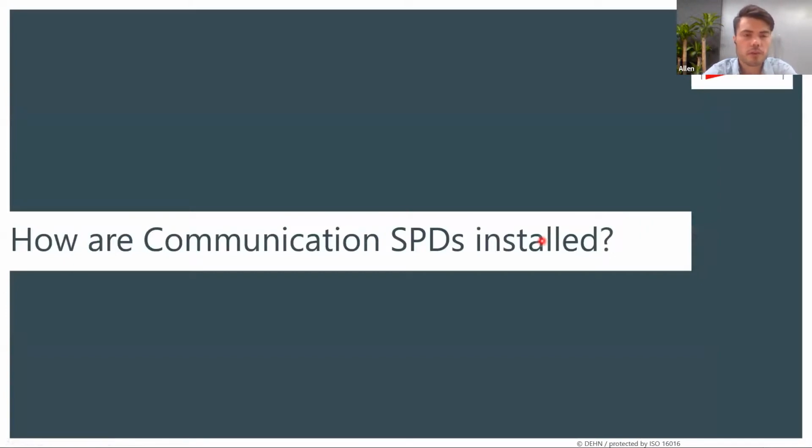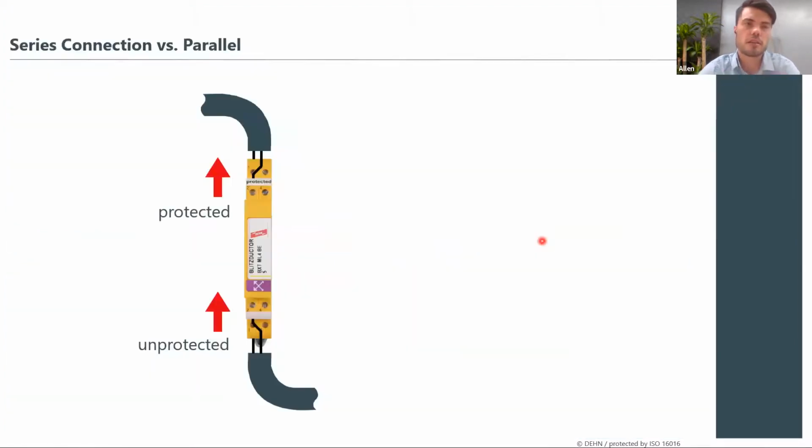One very important difference between communication SPDs and our power SPDs is that the SPDs used in telecommunication systems are installed in series, while our power system installations are done in parallel. So installation for your telecommunication is very important.